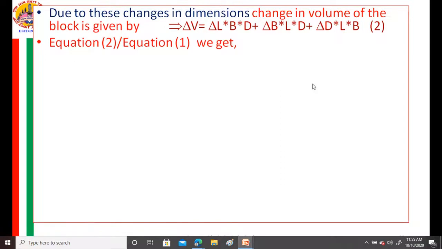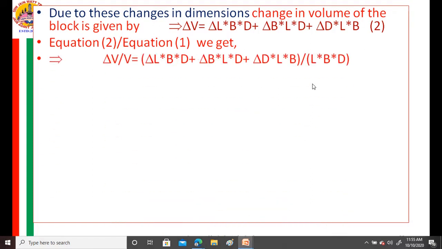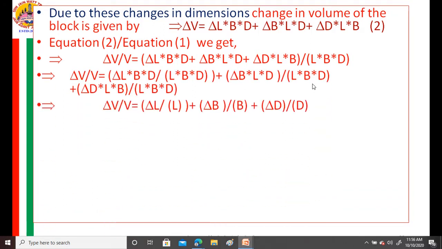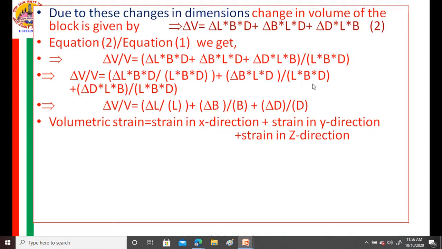So divide equation 2 by the original volume. Del V by V is equal to equation 2 divided by volume. If you simplify it, you are going to get del V by V is equal to del L by L plus del B by B plus del D by D. Del V by V, change in volume divided by original volume, is nothing but the volumetric strain. Change in length divided by original length.